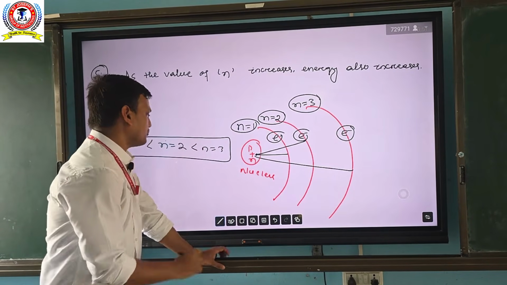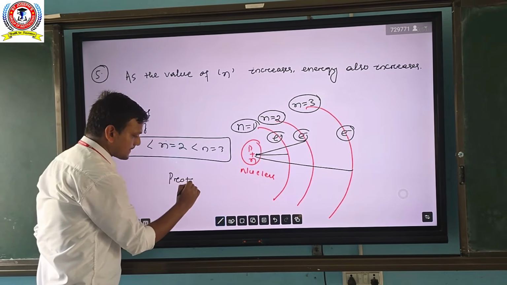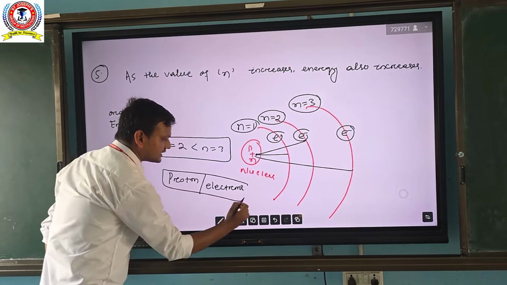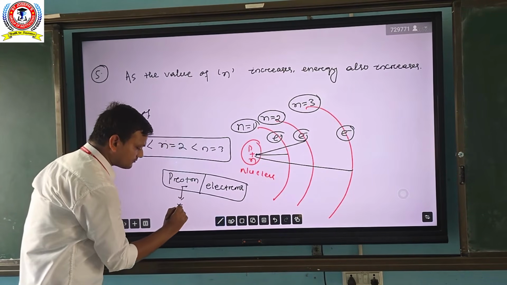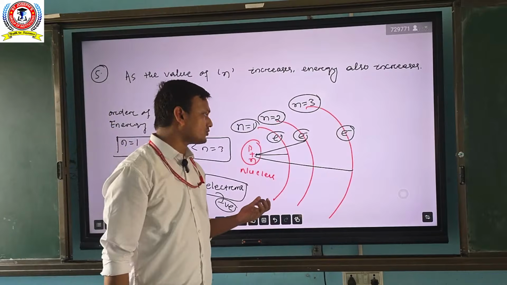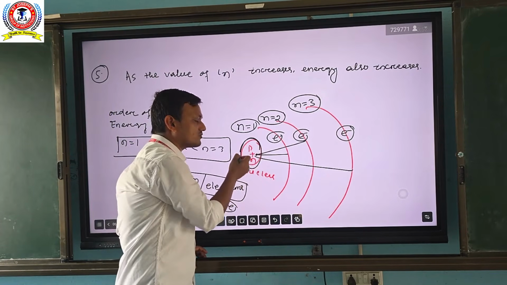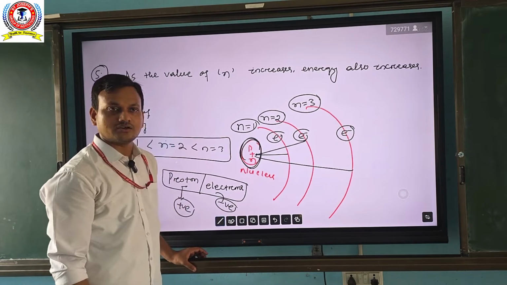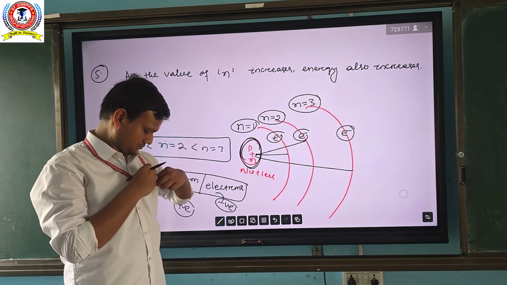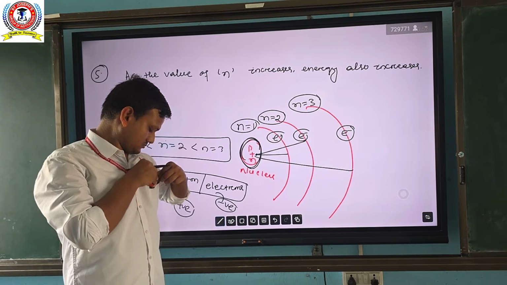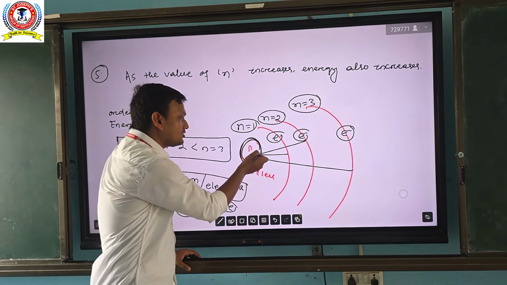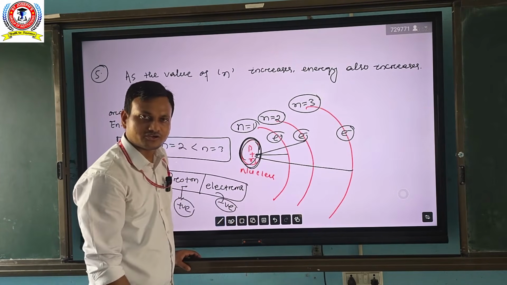We know that protons and electrons are present in an atom; protons have positive charge, electrons have negative charge. And all the positive charge, or all the protons, are concentrated inside the nucleus.